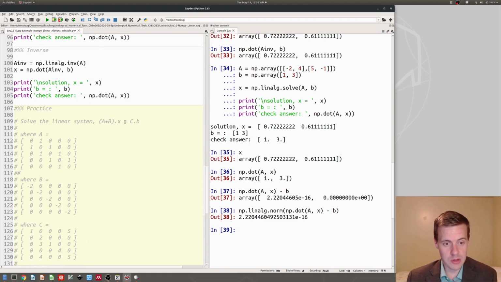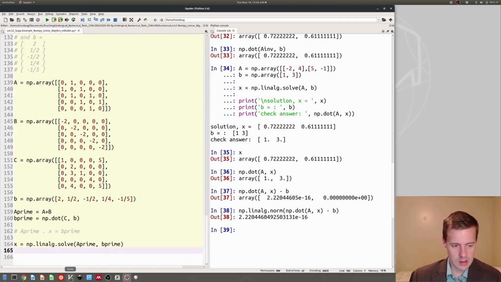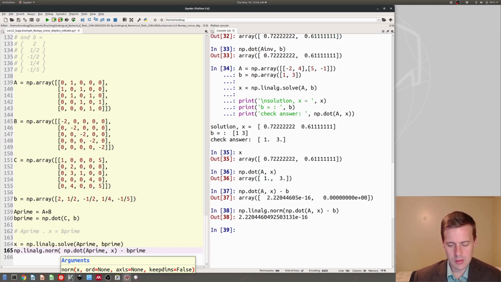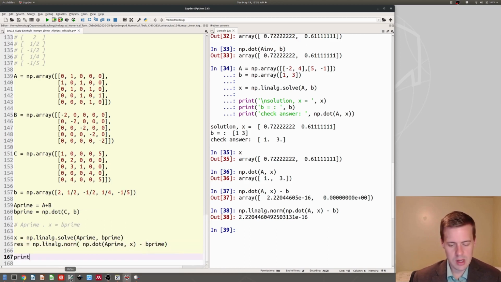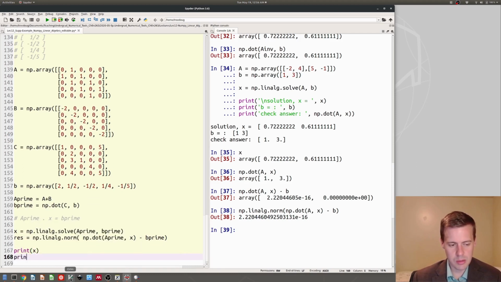So I do a prime dot x minus b prime, which is a prime dot x minus c dot b. And I'm going to take the norm of that. Then I'll call that the residual. And then I'll print out x, and I'll print out the residual.